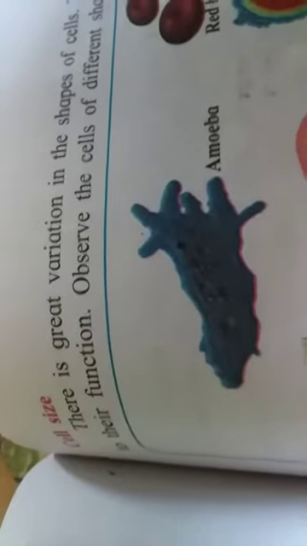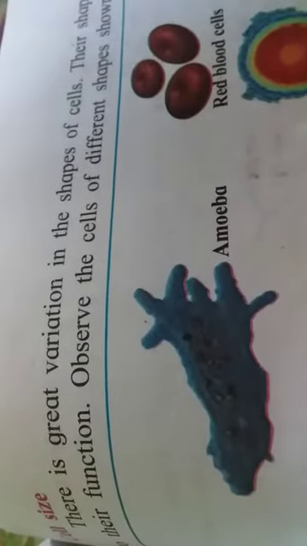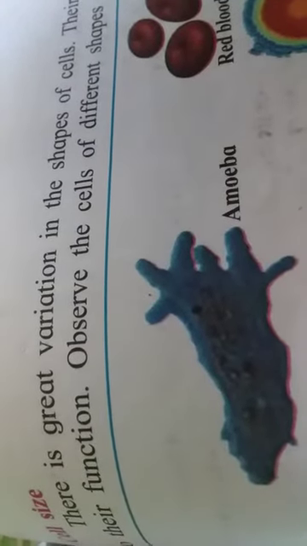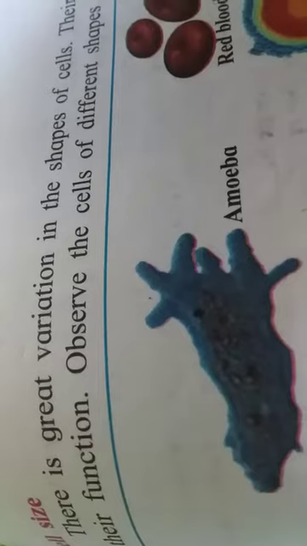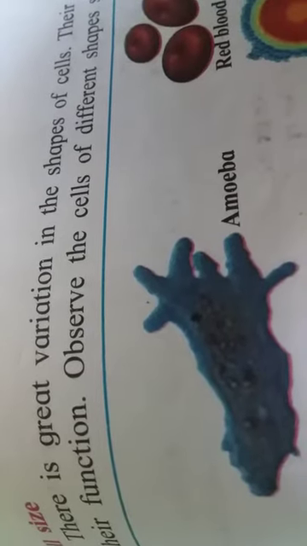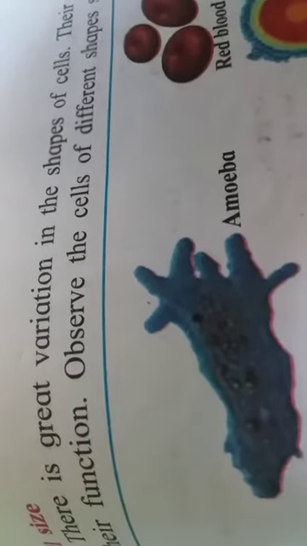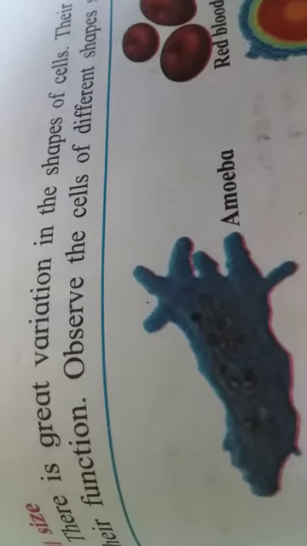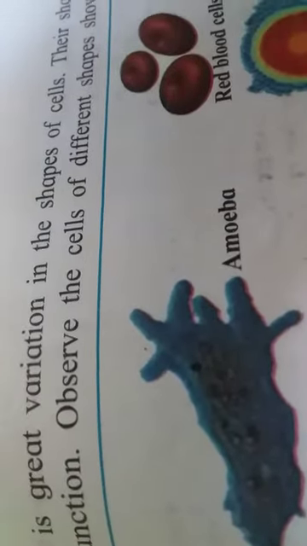See the next one. Cell size. There is a great variation in the shape of the cells. If you see the variation in the shapes and size of the cells, then you find many great variations in shapes and size of the cells.